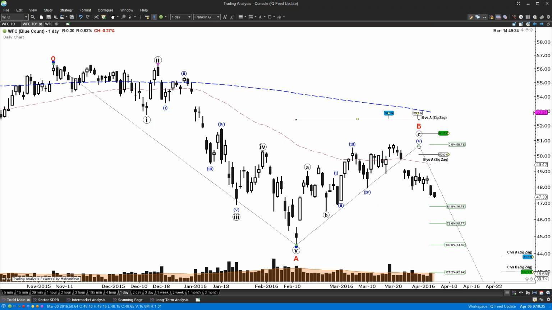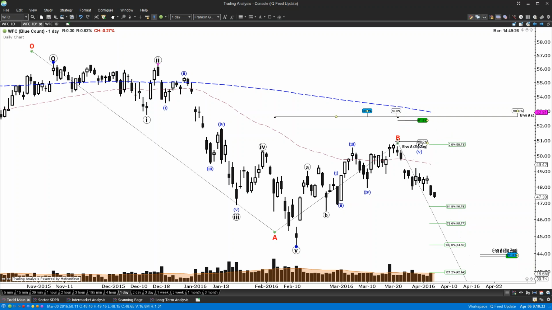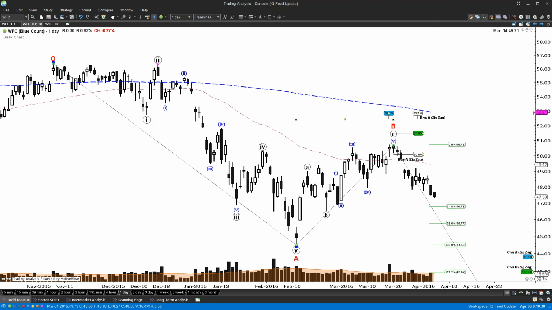So right about there, right? 50% price intersects 50% time right there, but that's okay. It doesn't always work perfectly. Instead, we got a 38% time retracement, which matched up with a 50% price retracement. So that's pretty good price and time right there for Wells Fargo to reverse.